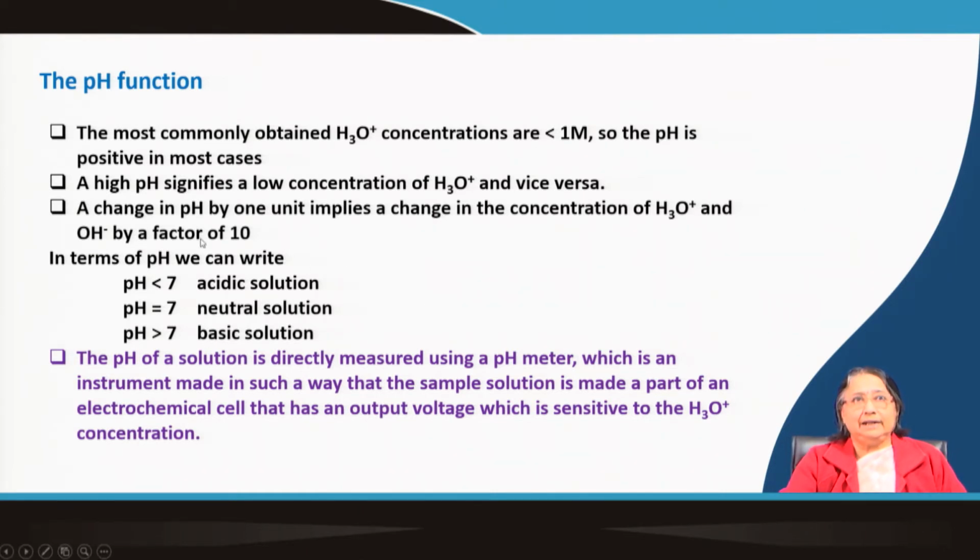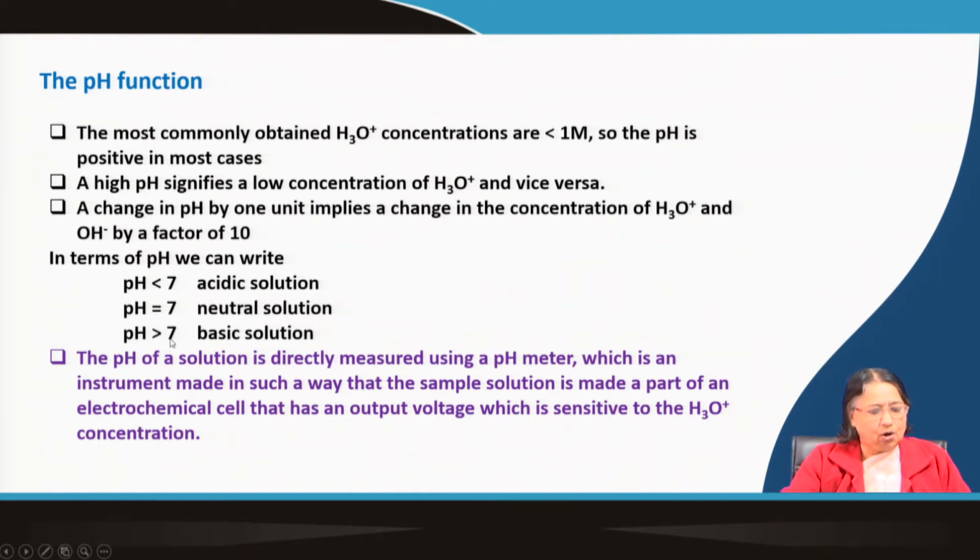We know that a low pH signifies a high concentration of H3O plus and vice versa, and a change in pH by 1 unit implies a change in the concentration of H3O plus and OH minus by a factor of 10. And we can easily say that for a neutral solution the pH is 7, for an acidic solution the pH is below 7, and for an alkaline or basic solution pH is above 7.